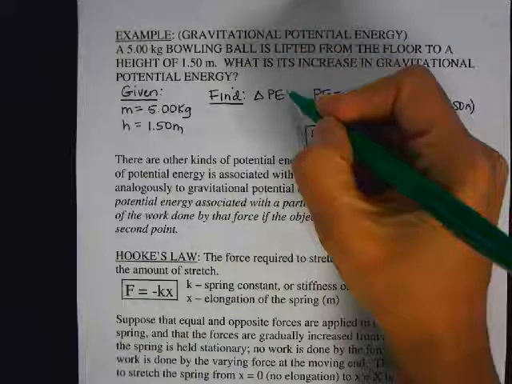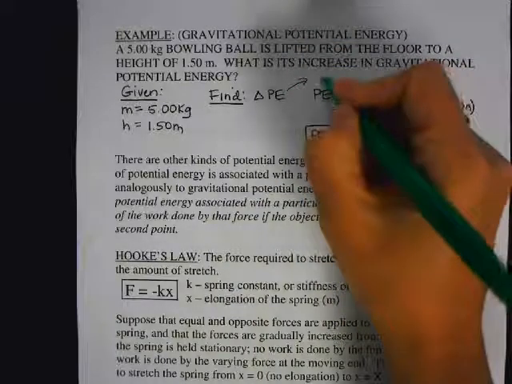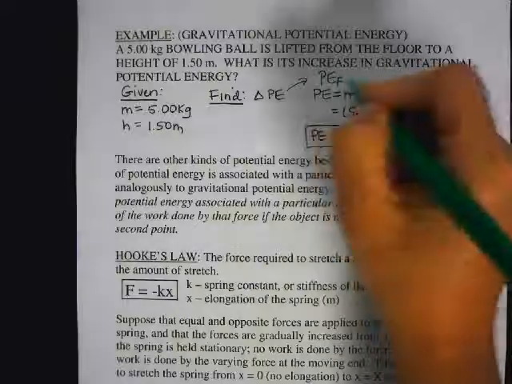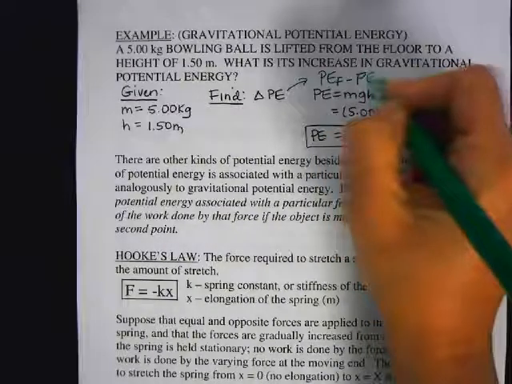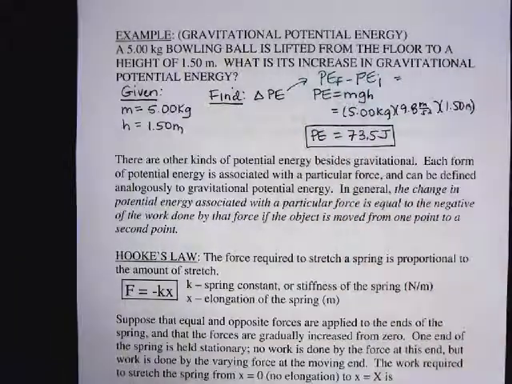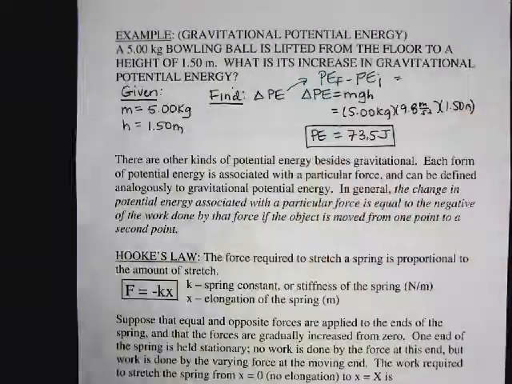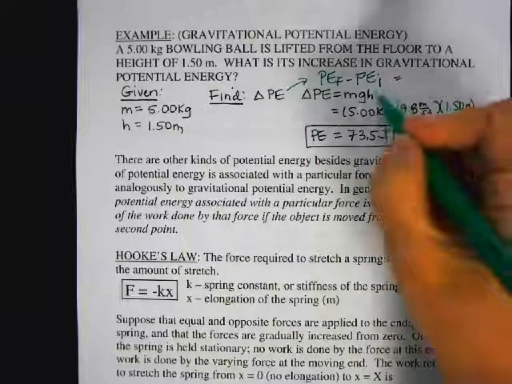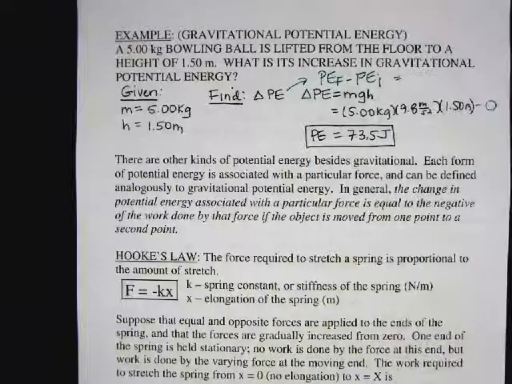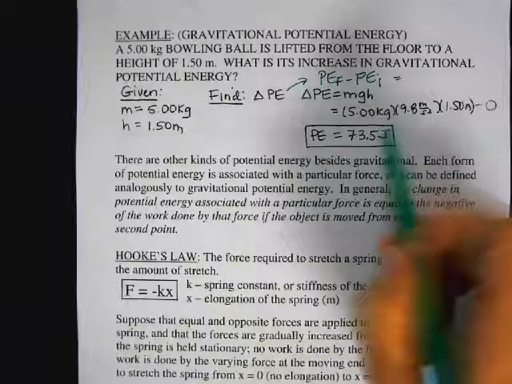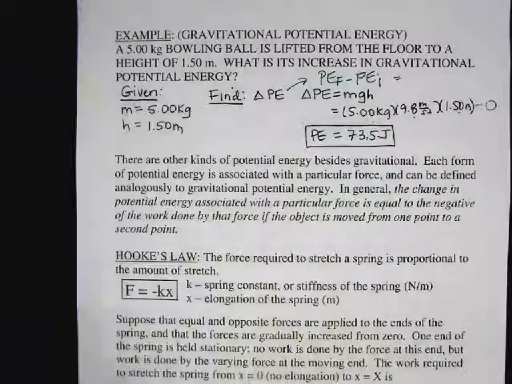So remember, the change in potential energy, delta PE, is actually PEf minus PEi, but the initial would be 0 if I'm starting off on the ground, because the ground would be base level. So this is really the change in potential energy, and I didn't do the final minus the initial because the initial would just be 0. So it's the mass times the gravity times the height.